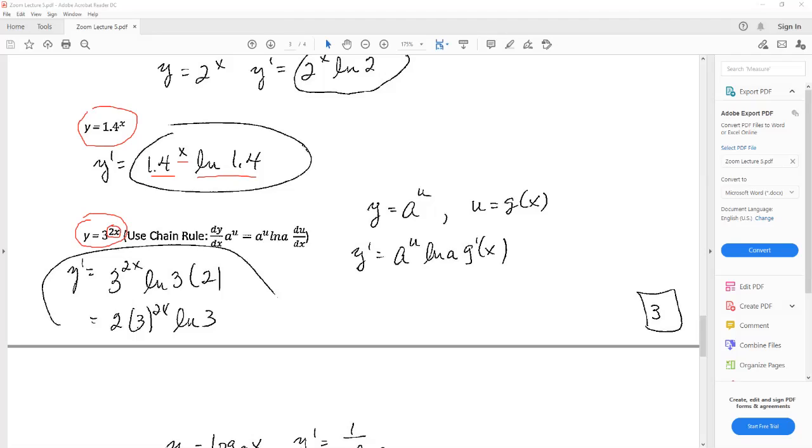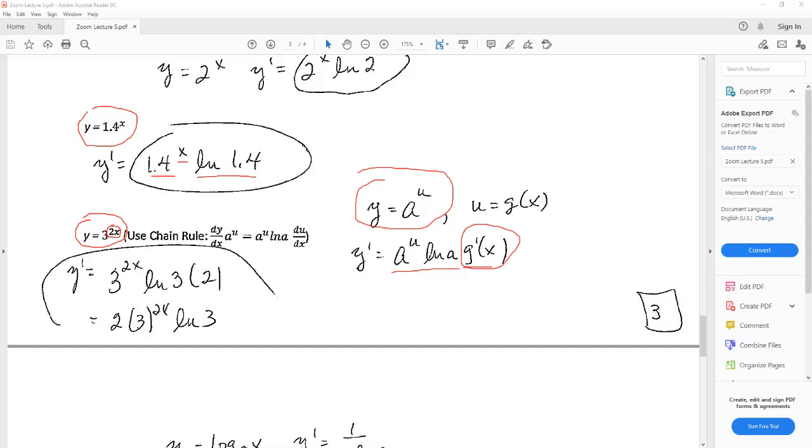So the formula looks the same. In other words, the derivative of a to u, where u is just a function of x, is going to be a to the u times the natural log of a, which is what we've been doing, but we have to do chain rule. So we just have to tack on by multiplying by the derivative of u.